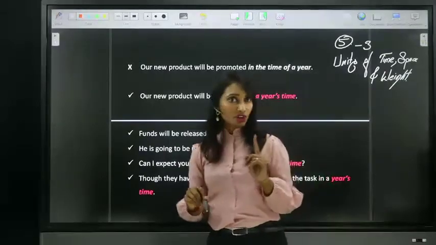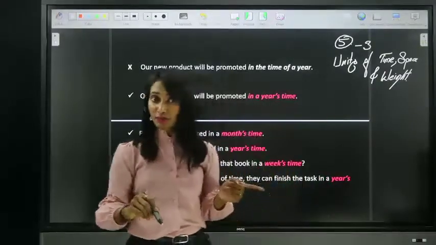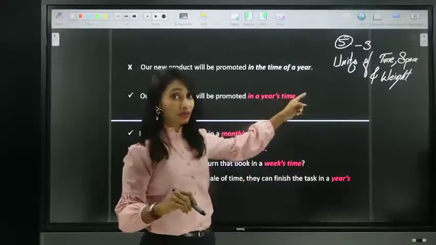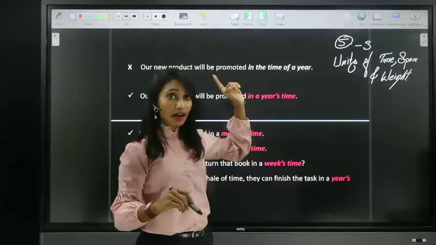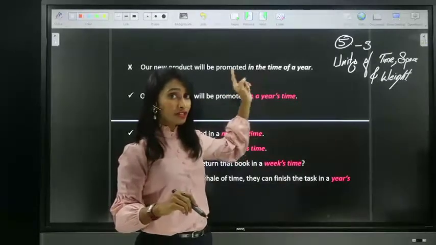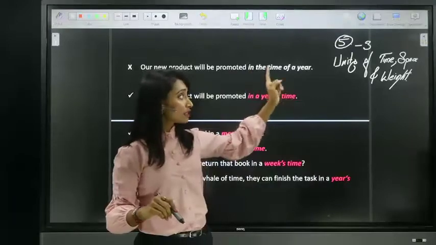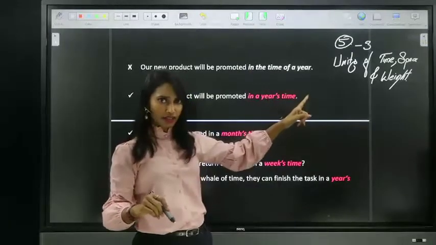So generally we do not give possession for non-living beings, but here we have seen the usage yesterday of noun possession. We can give possession to units of time, space and weight, right?